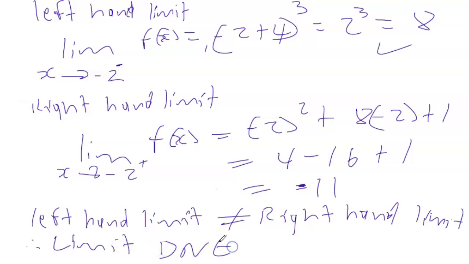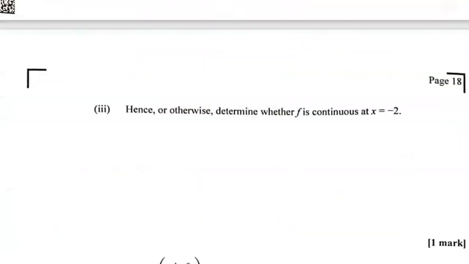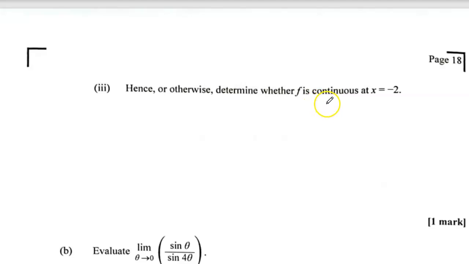For the limit to exist, the left-hand limit and the right-hand limit have to be the same at the point, in this case negative 2. Hence or otherwise, determine whether f is continuous at x equal negative 2.